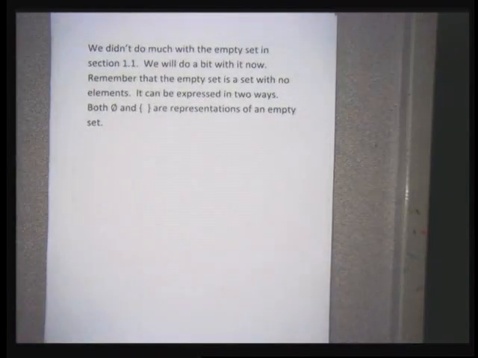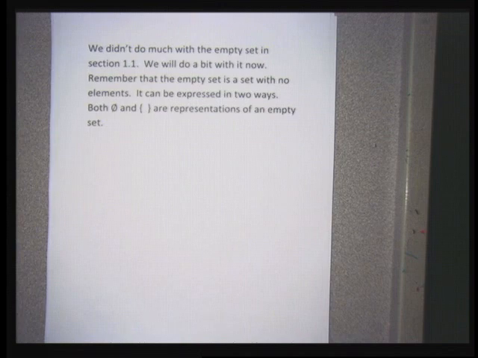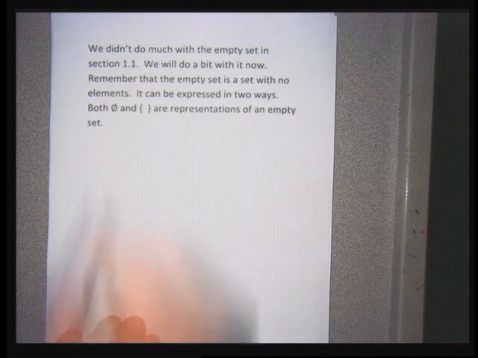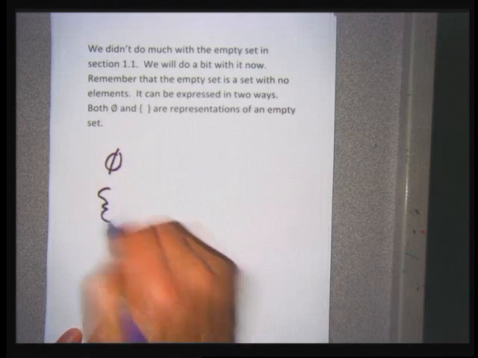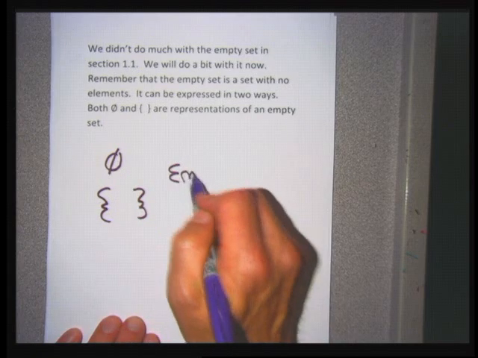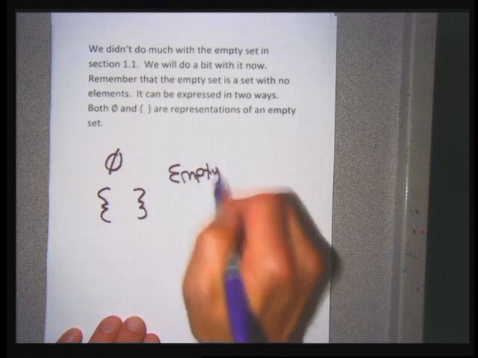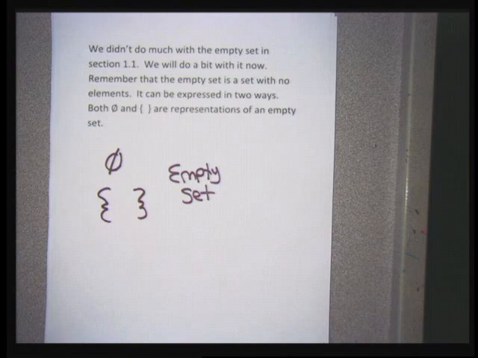I don't really know why I threw this in here, other than I just kind of felt obliged to. This little blurb on this page as well as the next page is about the empty set, a set with no elements. So this symbol right here and the set braces with nothing inside both mean an empty set, a set with no elements.